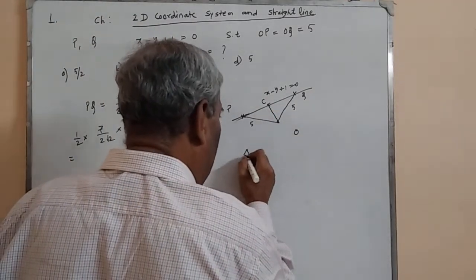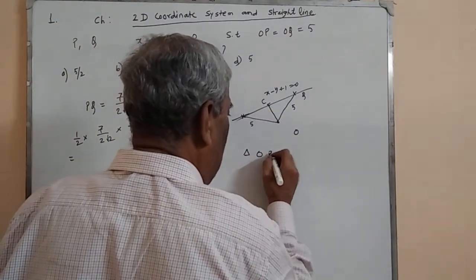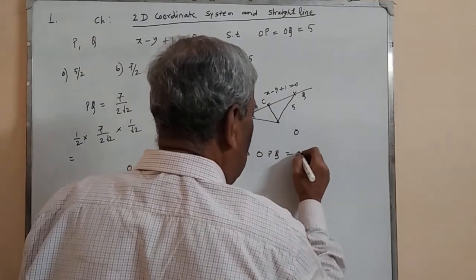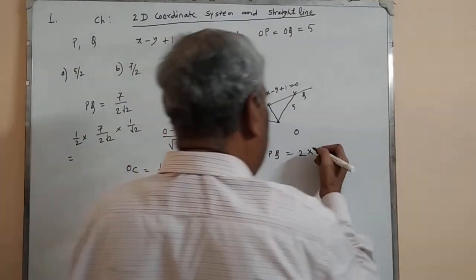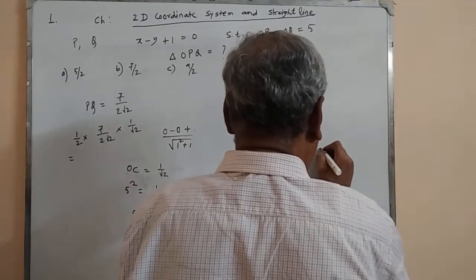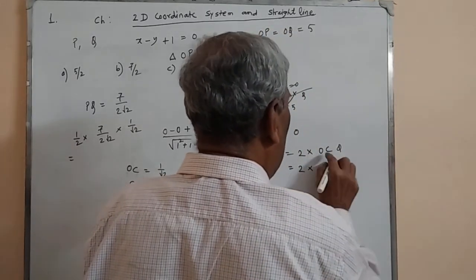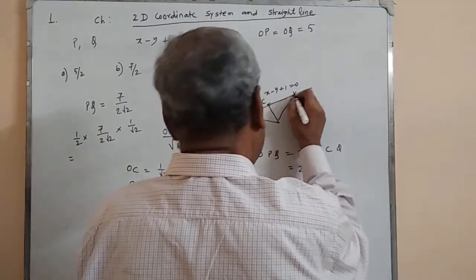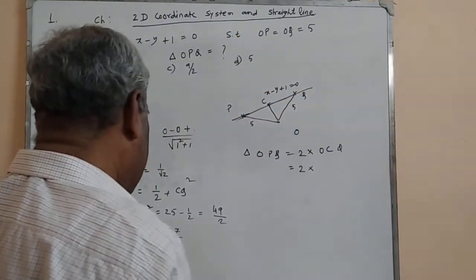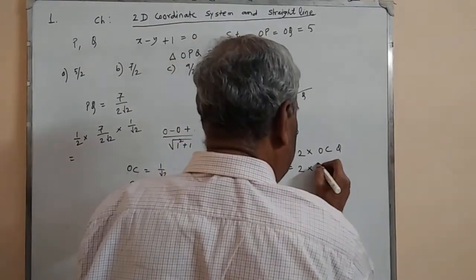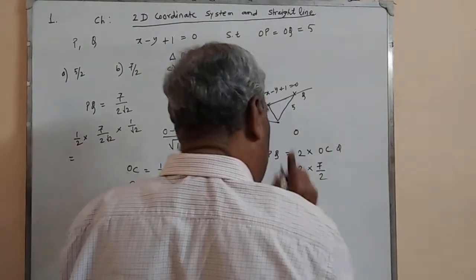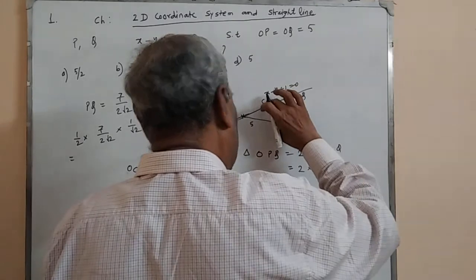Area of the triangle OPQ is twice the area of OCQ. CQ I have calculated as 7 by root 2. Half base into altitude.